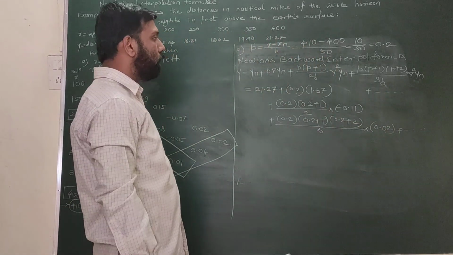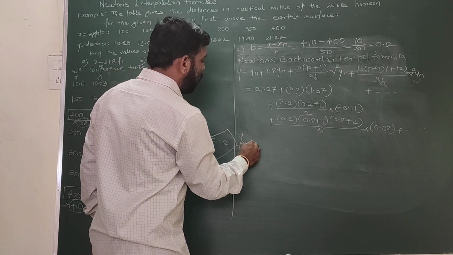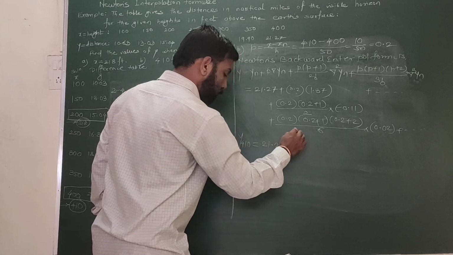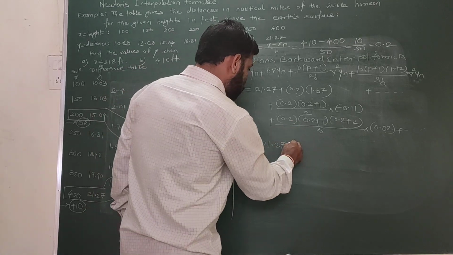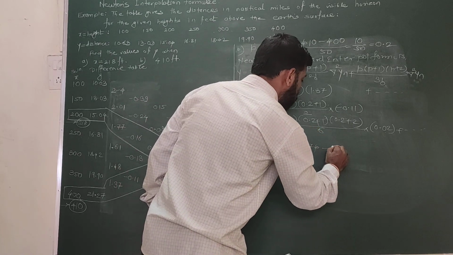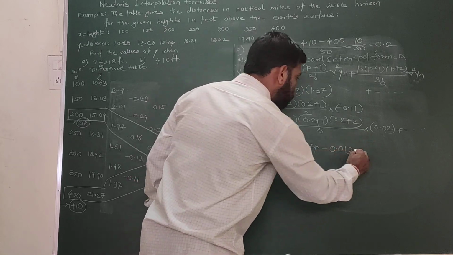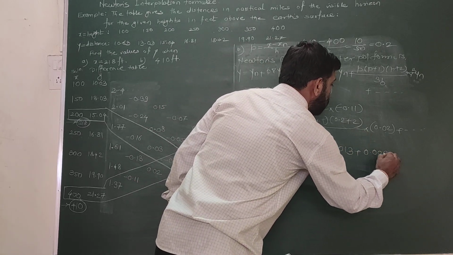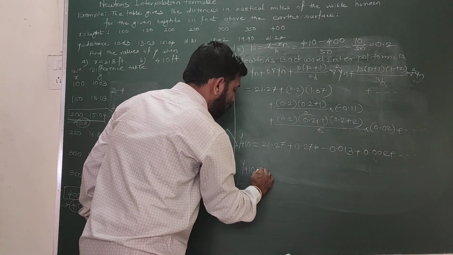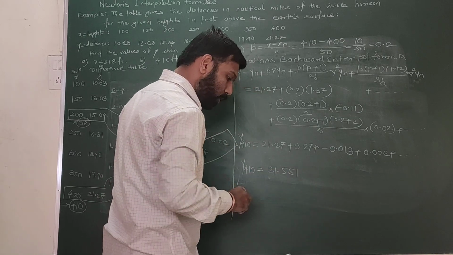In the forward we took the first 5 terms, but here I consider the first 4 terms. So y at 410 is equal to 21.27 plus 0.274 minus 0.013 plus 0.0002 and so on. So y at 410 is equal to the result, in nautical miles.